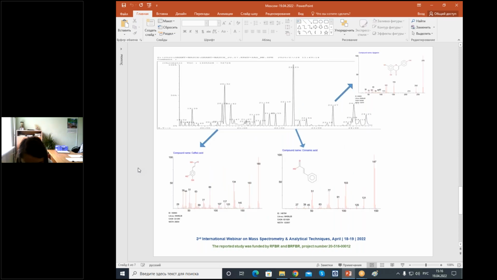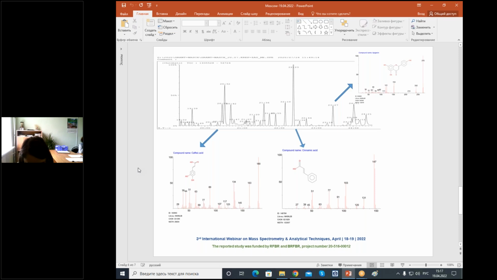The phenolic compounds are presented by caffeic acid, vanillic acid, and cinnamic acid. There were also detected the following compounds: glycoside, apigenic acid, 1,2-glutaric acid, and sugar acid, myoinositol.